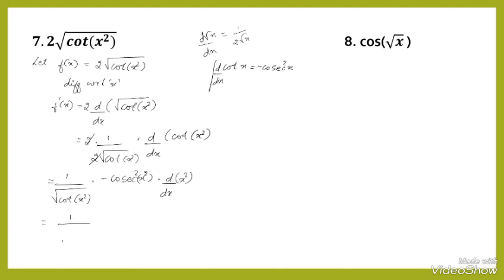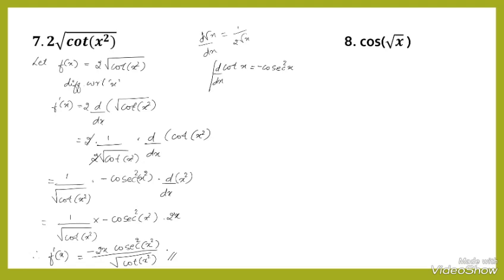Now 1 divided by root of cot x square into minus of cosec square x square into differentiation of x square, which is 2x. Therefore f dash of x will be, multiplying all the values, minus 2x cosec x square divided by root of cot x square.